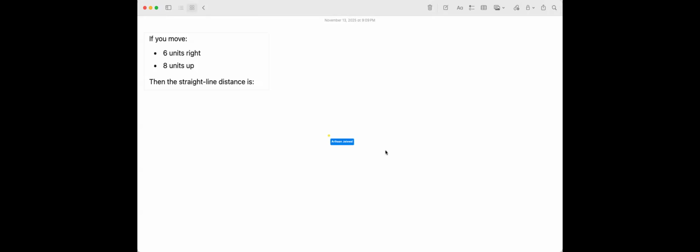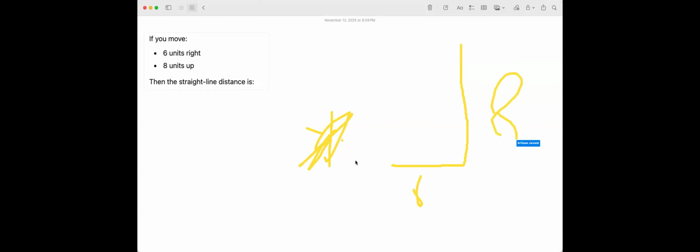Go ahead. Okay, so I did the triangles. Is this Pythagorean theorem? Yes, it is Pythagorean theorem. Whatever you've drawn is right.